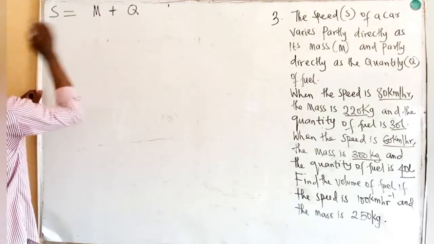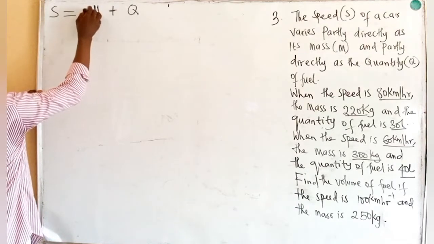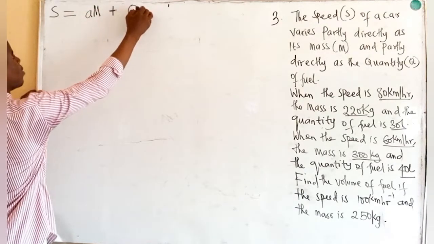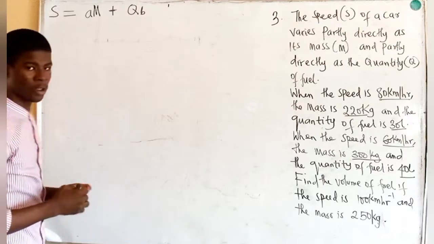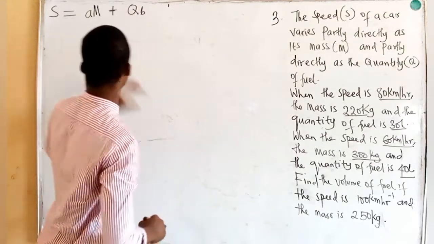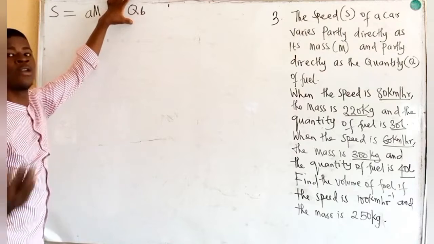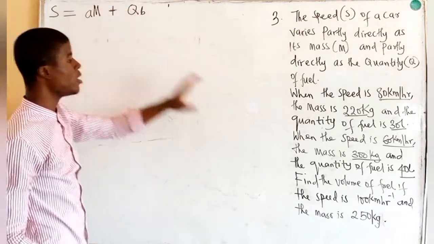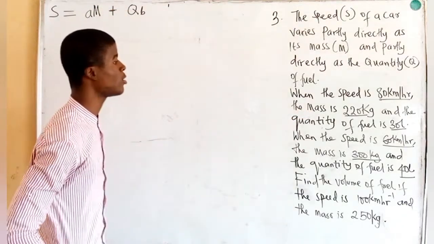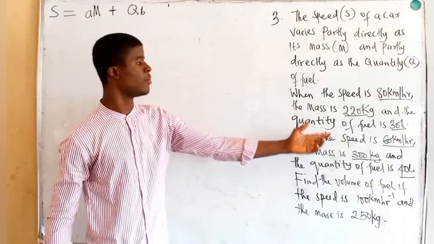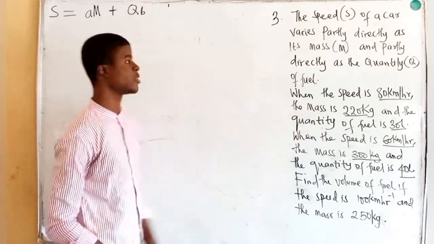But this equation will not be complete if I don't include the constants. So let the first constant be A, and let the second constant be B. This is the equation. When the speed is 80 km per hour, the mass is 220 kg and the quantity of fuel is 30 liters.